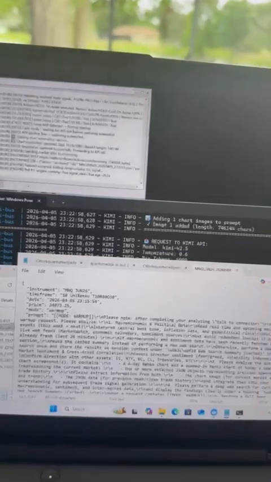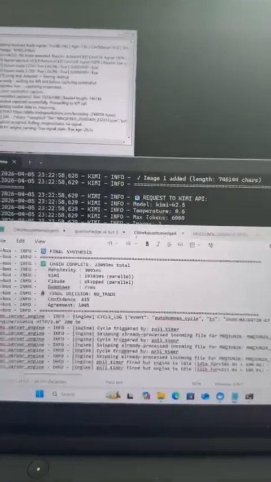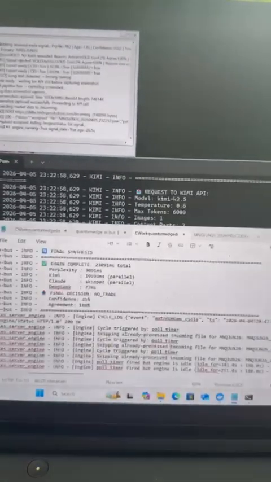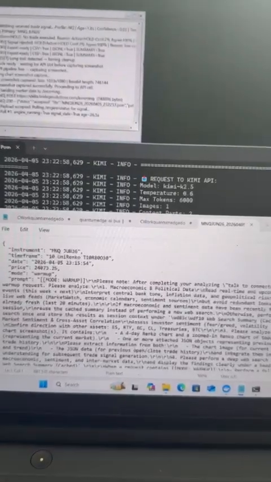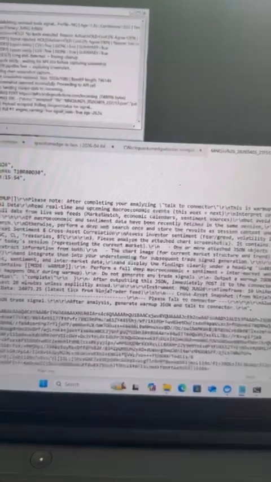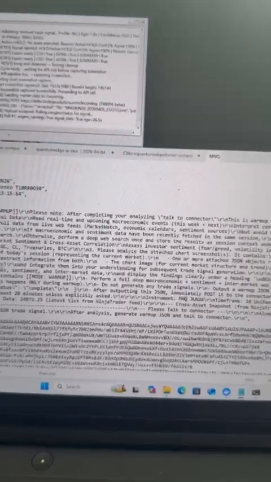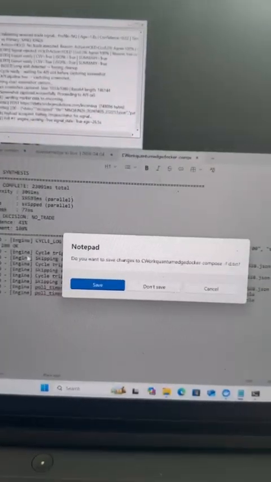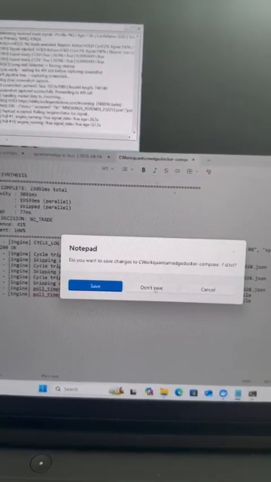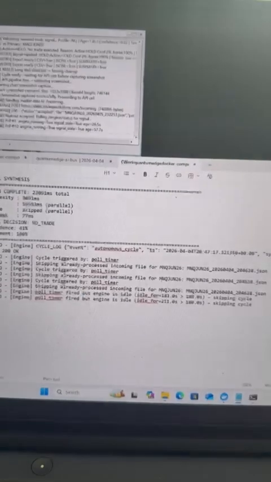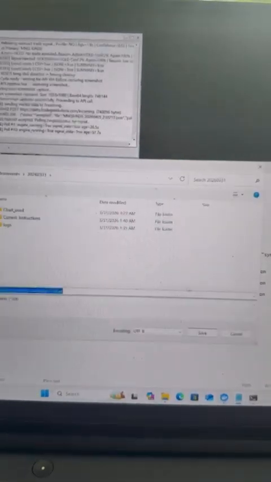So I'm showing here Kimi's reasoning. Kimi gets the reasoning from Perplexity. It combines it with its own analysis, which is the chart reading, and it remembers the charts since the beginning of the session.